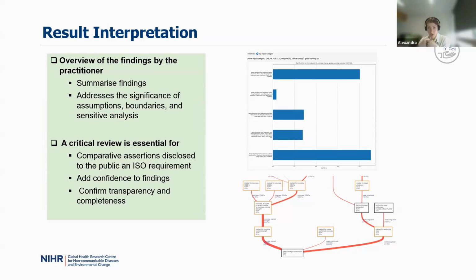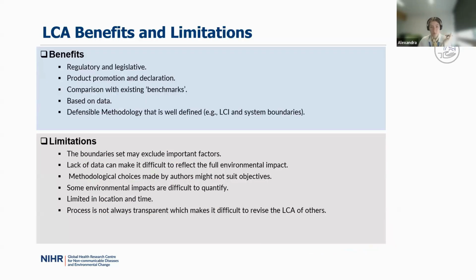That's going to add confidence to your findings because it is accurate data of the situation, of the context, and you can confirm the transparency and the completeness of results. Here's where you say what the limitations of your data collection were, for example, what are things that are not directly considered, and other things that may have occurred throughout the process.